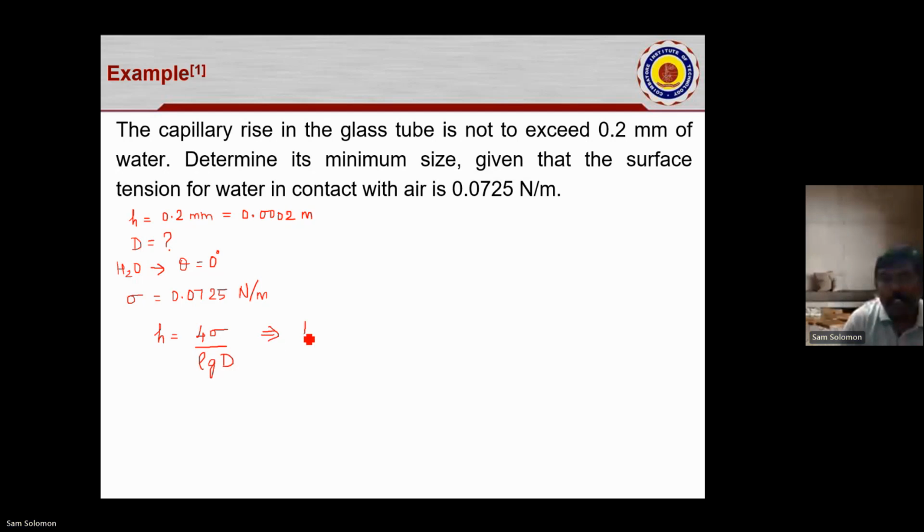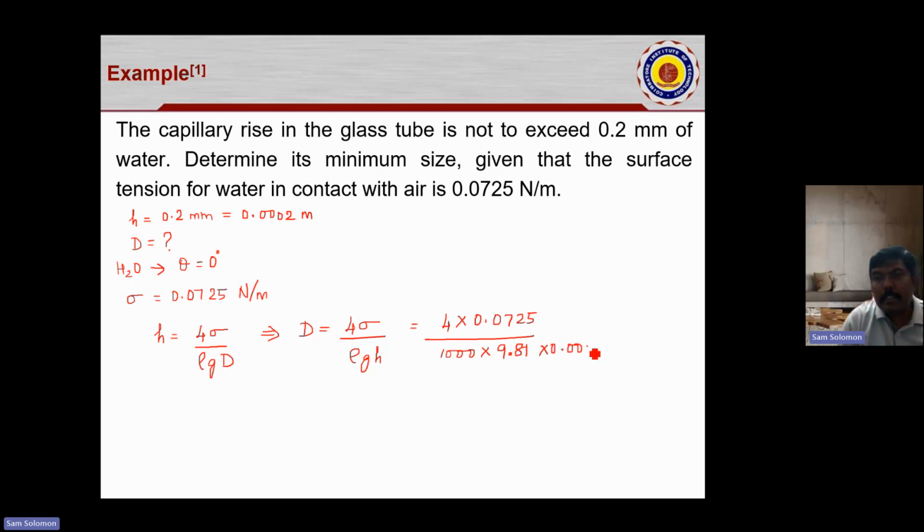And now they want d, which is 4 sigma by rho g h. So it is 4 into 0.0725 whole divided by 1000 into 9.81 into h, which is 0.0002.